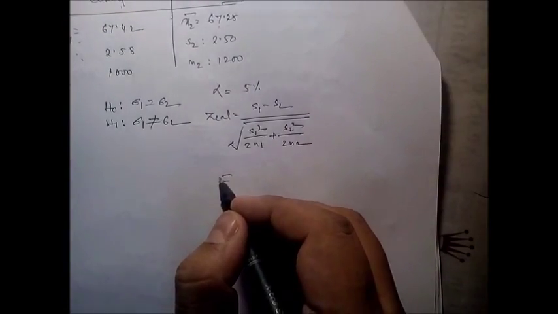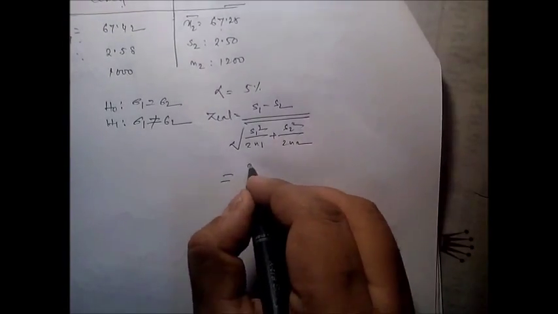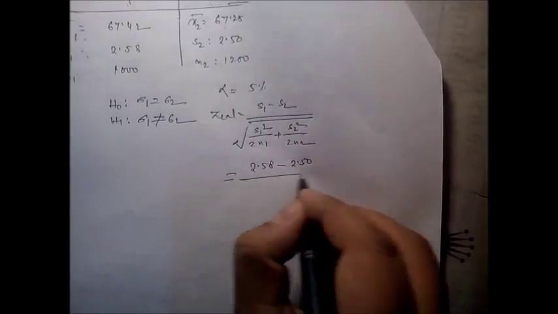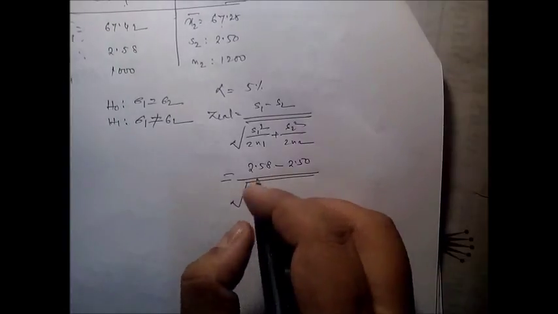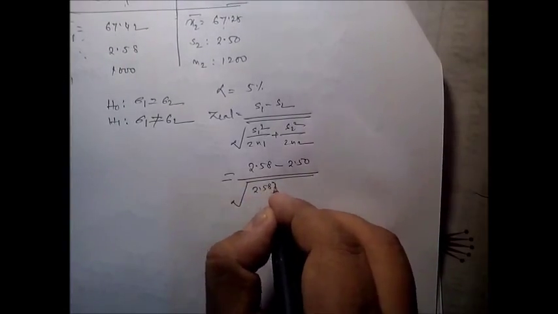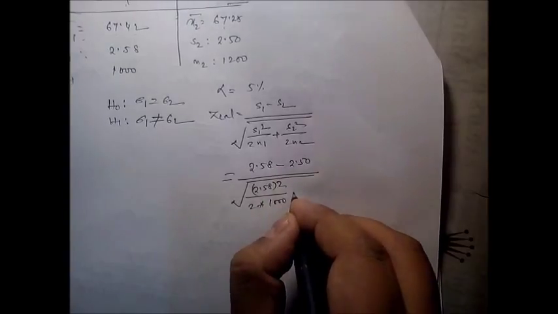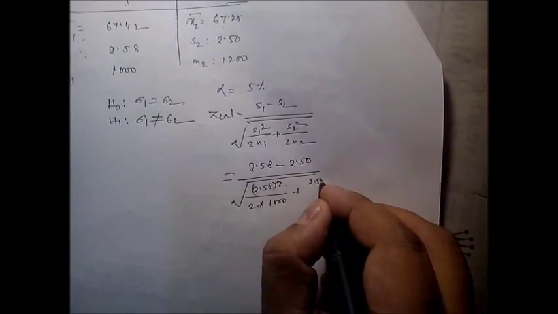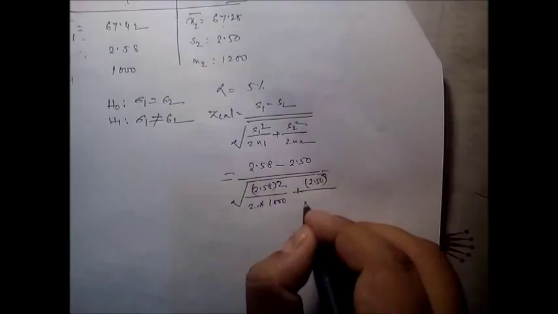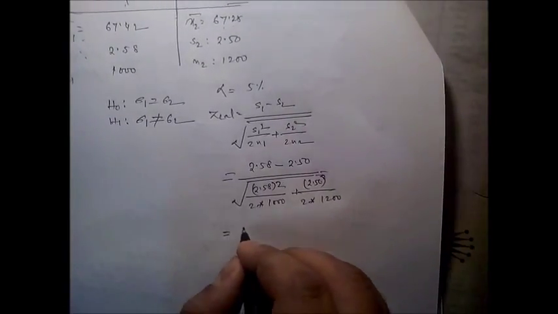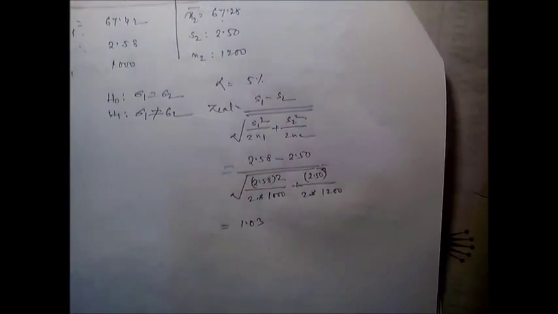So 2.58 minus 2.50 divided by the square root of 2.58 squared by 2 into 1000 plus 2.50 squared by 2 into 1200, and the value is 1.03.